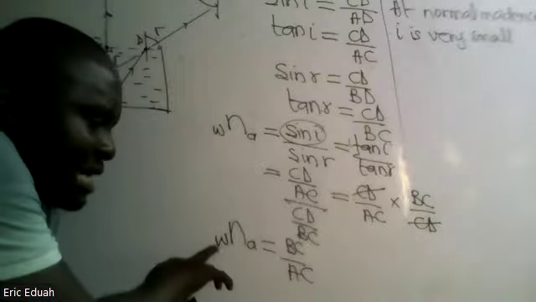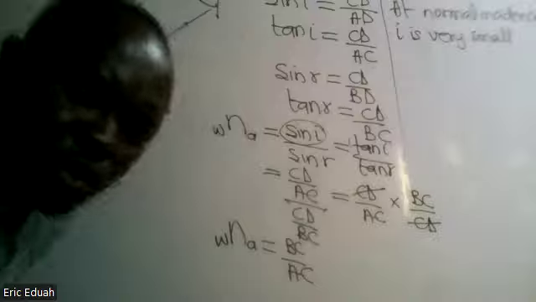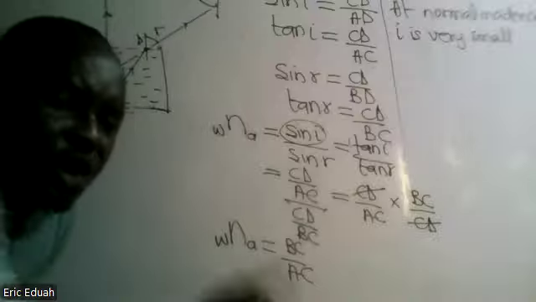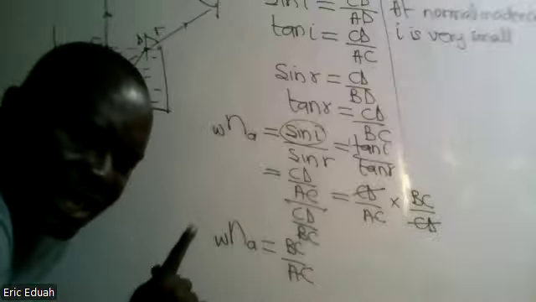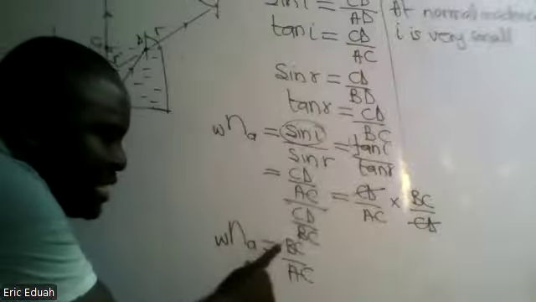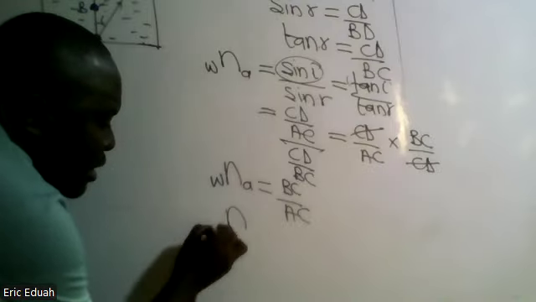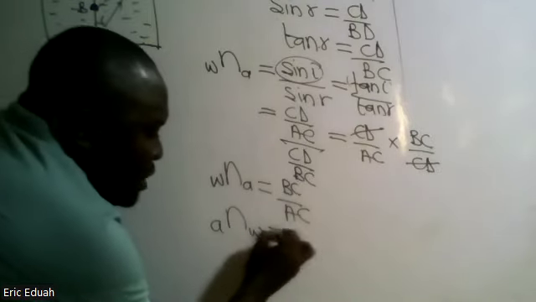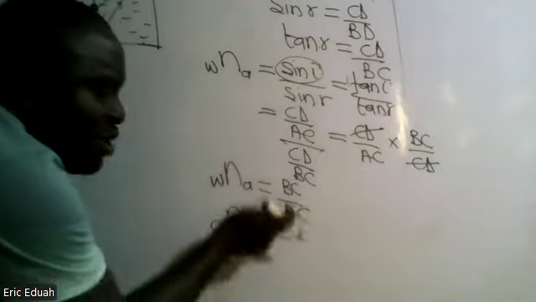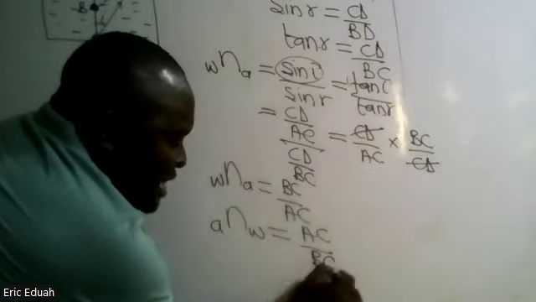This is as light moves from water to air. We want the absolute refractive index, not the reverse refractive index. So if the reverse refractive index is BC on AC, then the absolute refractive index as light moves from air to water would be equal to the reverse of this, so AC over BC.